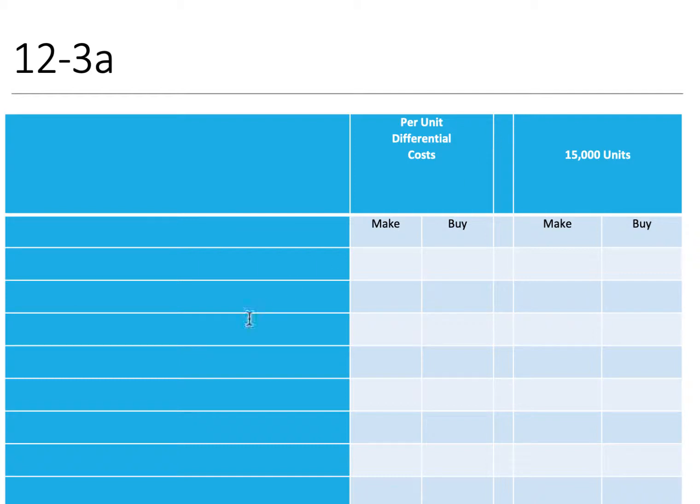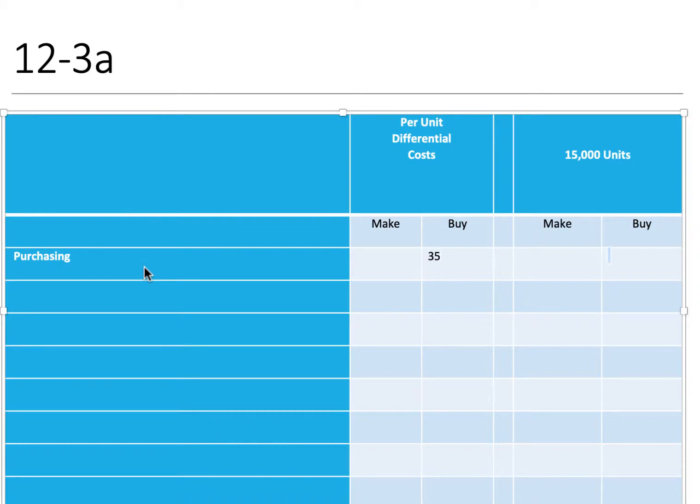So what we did here is we broke everything down into make or buy, right? We're going to present the information on a per unit basis, and we're going to look at it in total. So the cost of purchasing: if we buy it per unit, it's going to cost us $35.